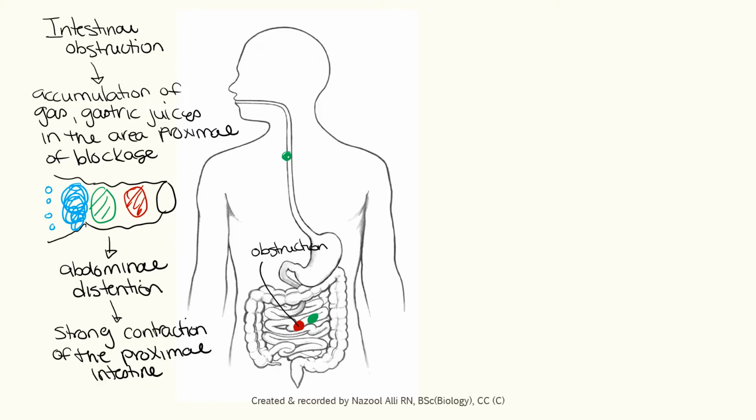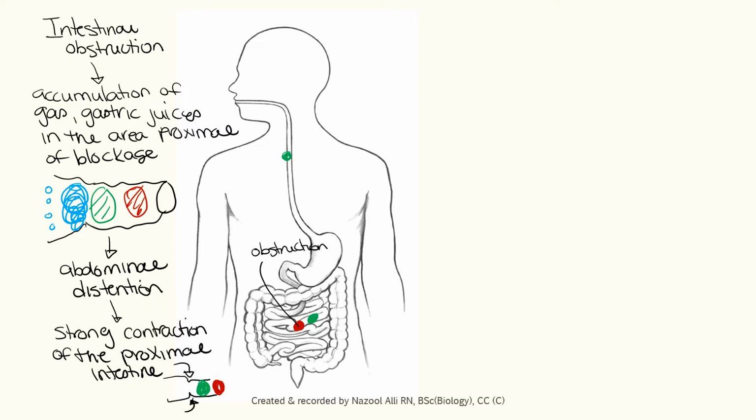So if we draw the gut again, that bolus of food is right here that we're trying to move along, but remember we do have our obstruction right here. We're going to see strong contractions occurring right proximal to this area, trying to move that bolus of food along.